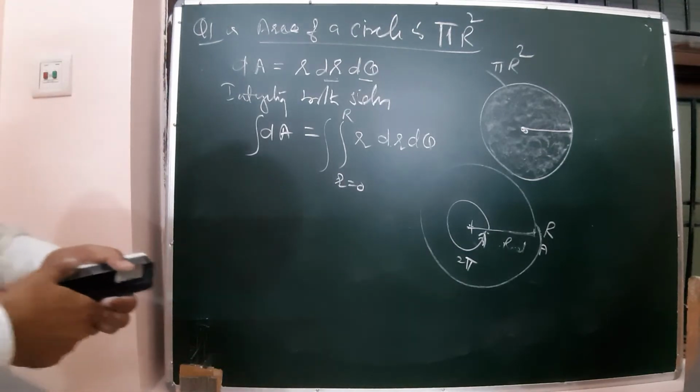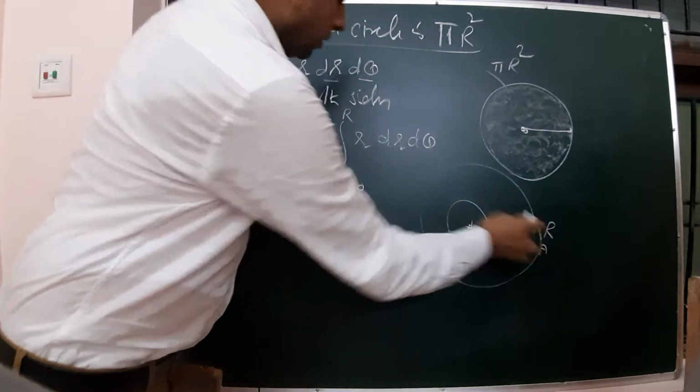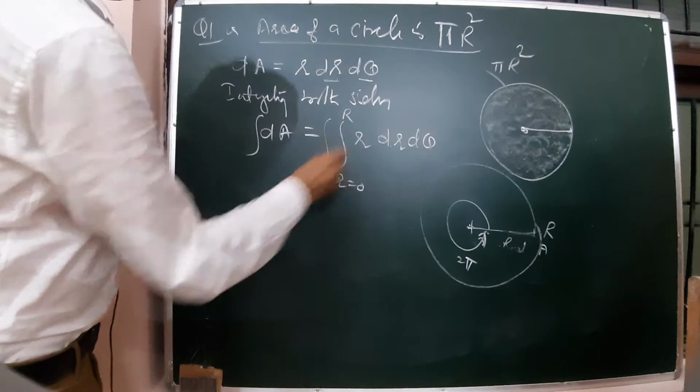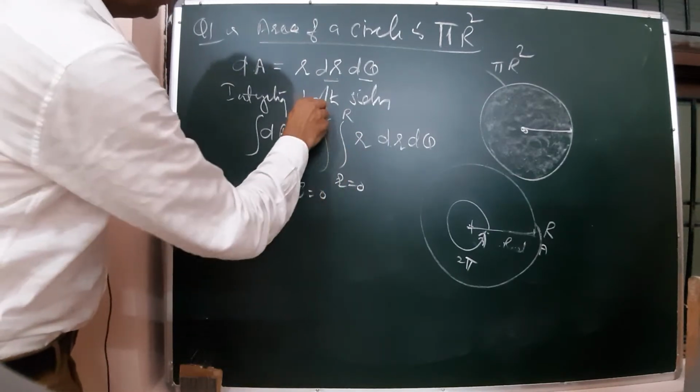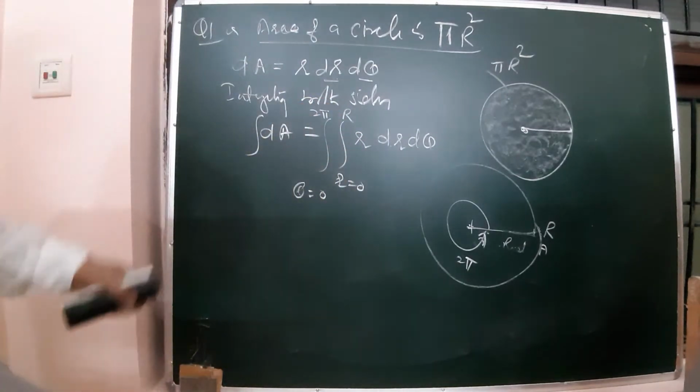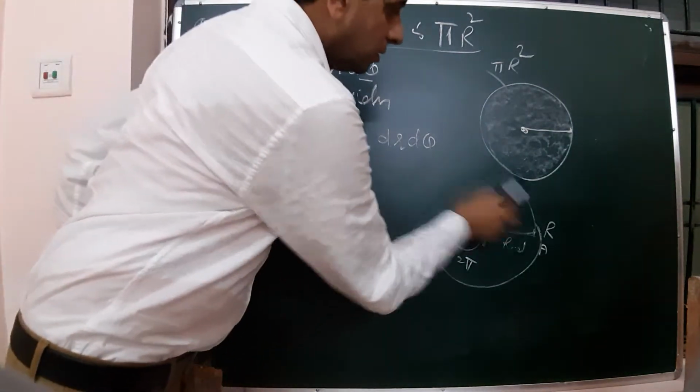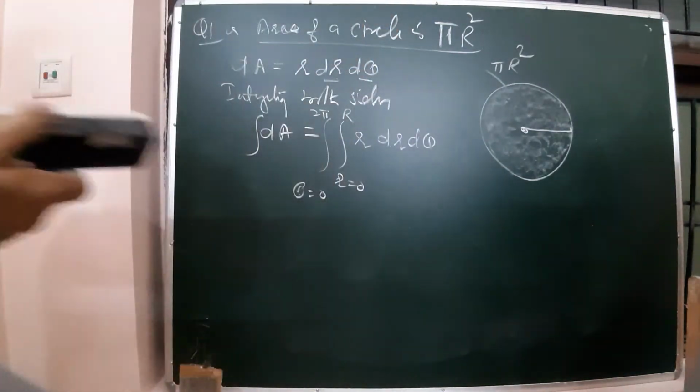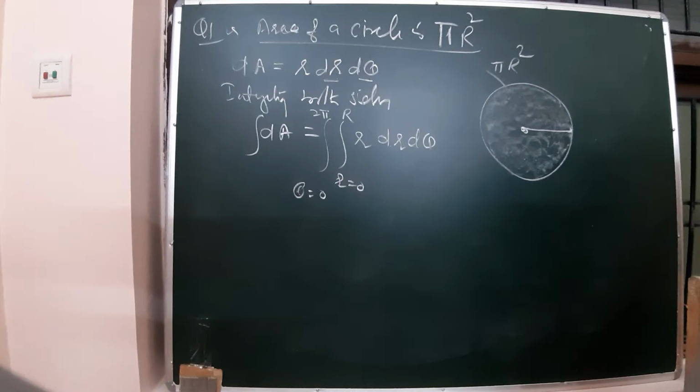So, the limit for r is 0 to r, and the limit for theta is 0 to 2 pi. This is the formation of the circle by taking the variation of r as well as theta.